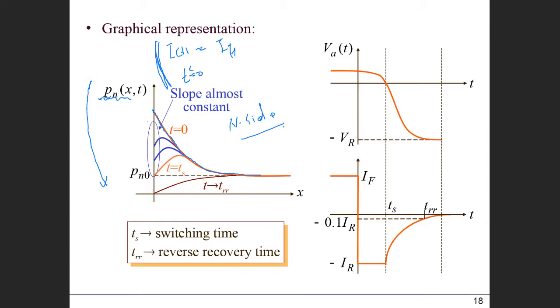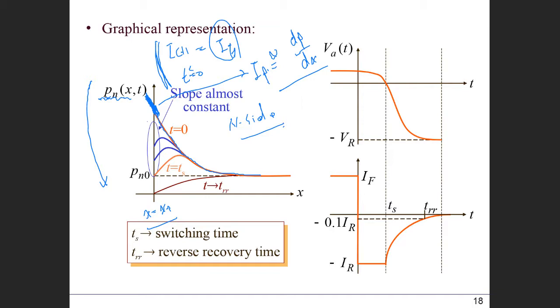Keep in mind that the slope at the depletion edge, x equals xn, is related to the hole current. The positive slope represents this IF.